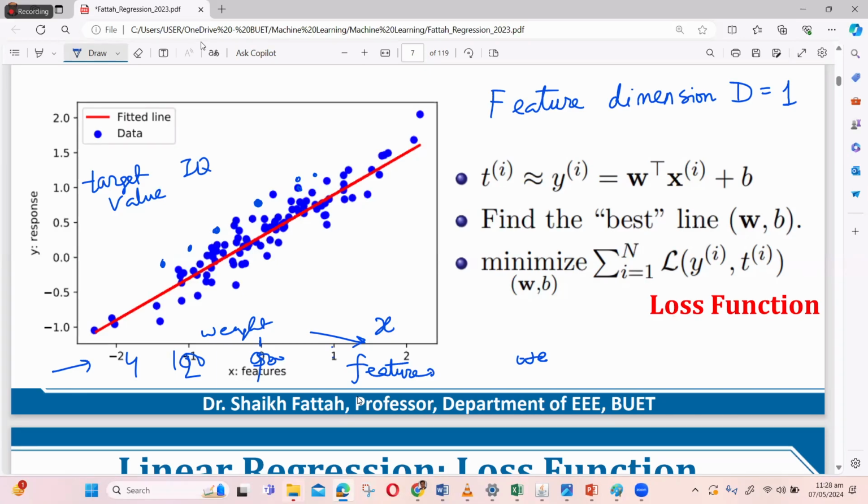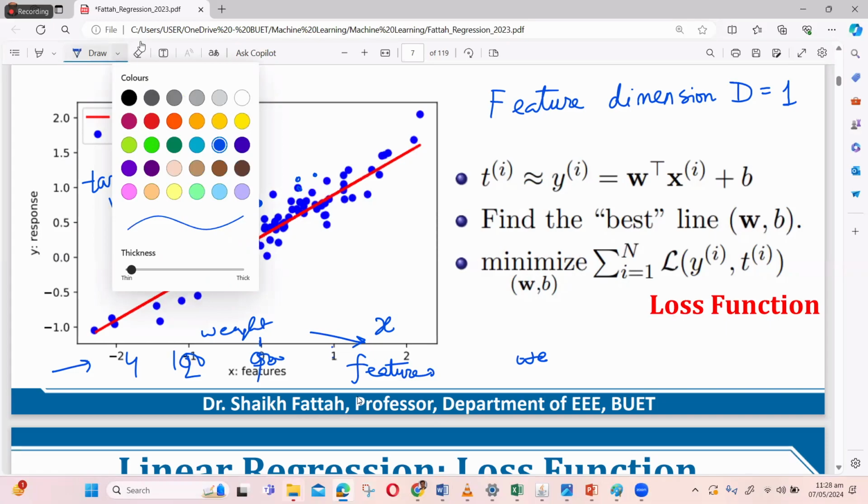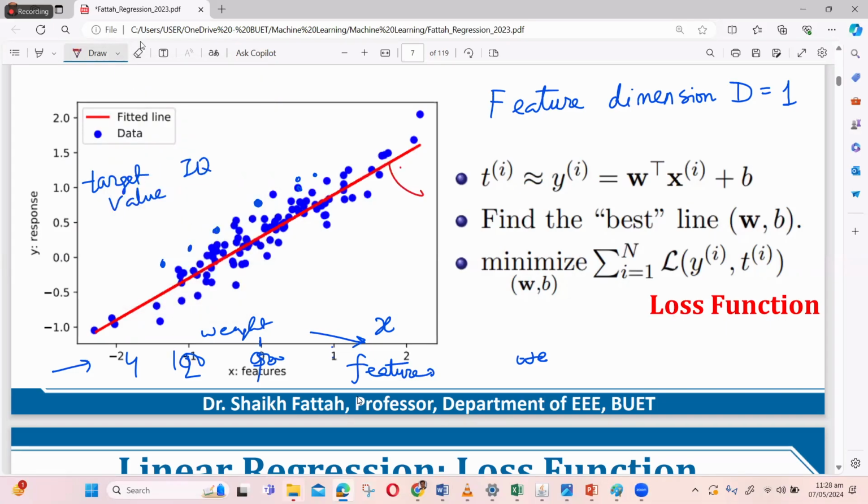Then our target was to draw a best fit line that can give us something about the pattern. That's why you can see the red line. Initially, we said this line can be here, this line can be here, but these are bad lines.